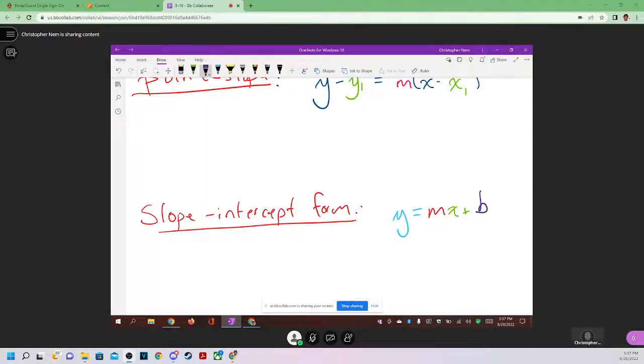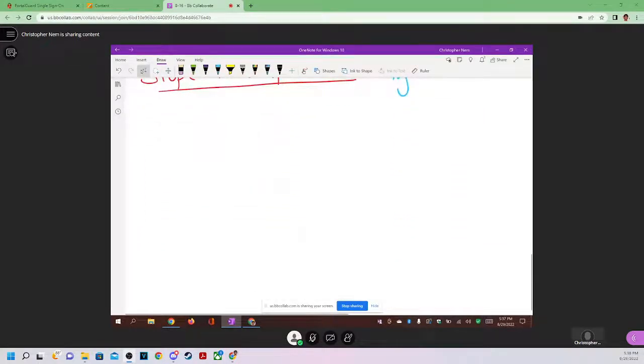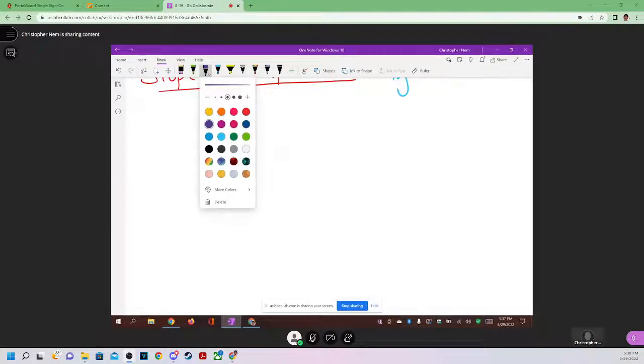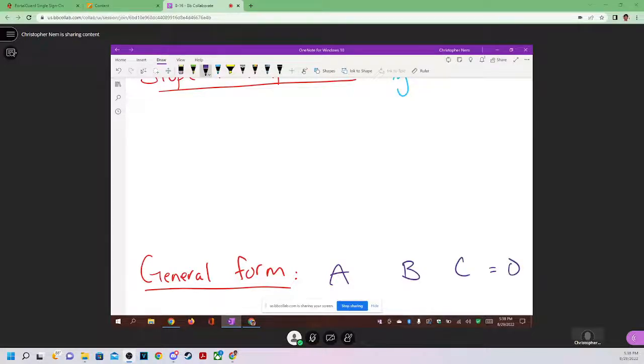Y equals mx plus b in this case. And then the final one that you need to know is called the general form. And this is in the form of ax plus by plus c equals 0.